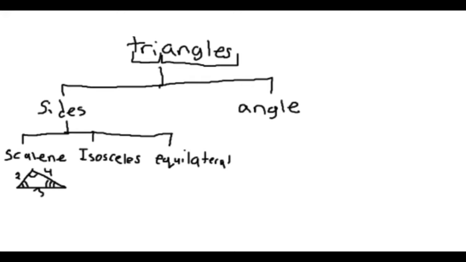An isosceles triangle is a triangle where two of the sides are the same length, and the third side is different. So an example, let's say this side is 5 meters, this side is 5 meters, and this side is 3. This is an isosceles triangle because two of the sides are the same. Keep in mind, whenever you have an isosceles triangle and two of the sides are the same length, that also means two of the angles are going to be the same.